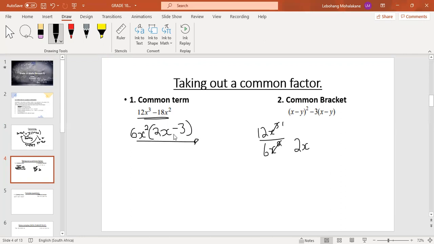Every time, I need to check if my answers are correct. How do I check? I check by multiplying out. I just do this on the side.